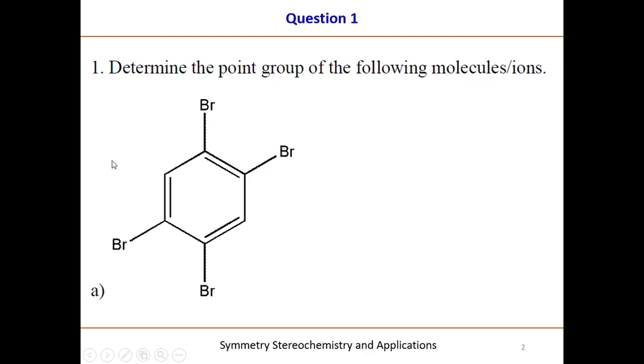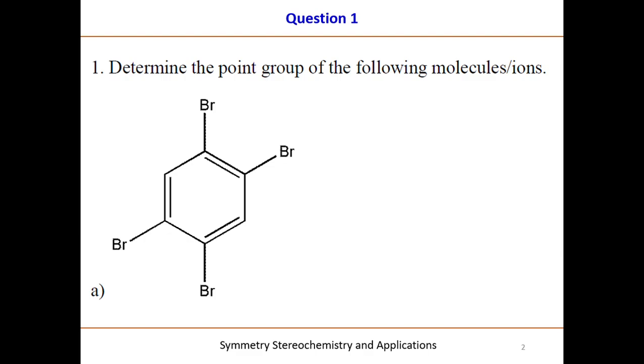That means we have symmetry operations, suppose like a C2 axis or C3 axis, a center of inversion, or a plane. So these are the symmetries which are included in a point group.